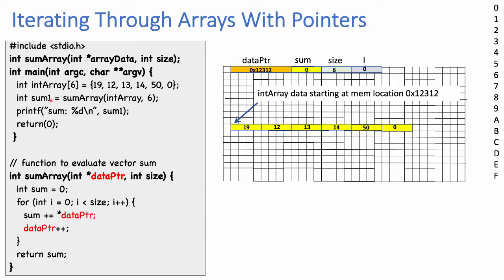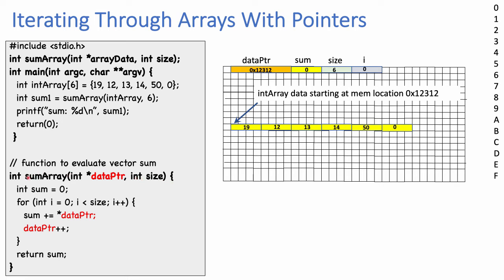Then we are creating a variable sum1, and we are initializing it to the result of sumArray. So sumArray is this function. Then we're taking whatever sum is and putting it into this statement, and we're printing this string out. So here is the function sumArray. It takes 2 arguments, data pointer and size. Data pointer is a pointer to an int, and size is an integer.